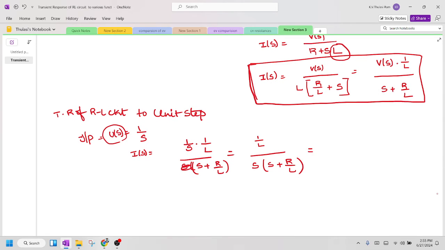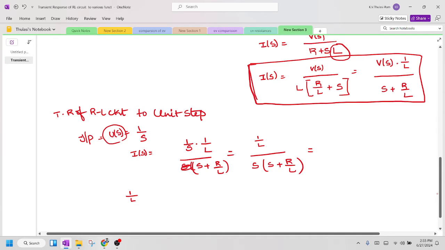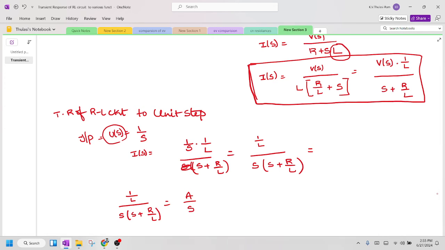So I'm writing this equation in the partial fraction form: (1 by L) divided by s into (s plus R by L) is equal to A by s plus B divided by (s plus R by L).